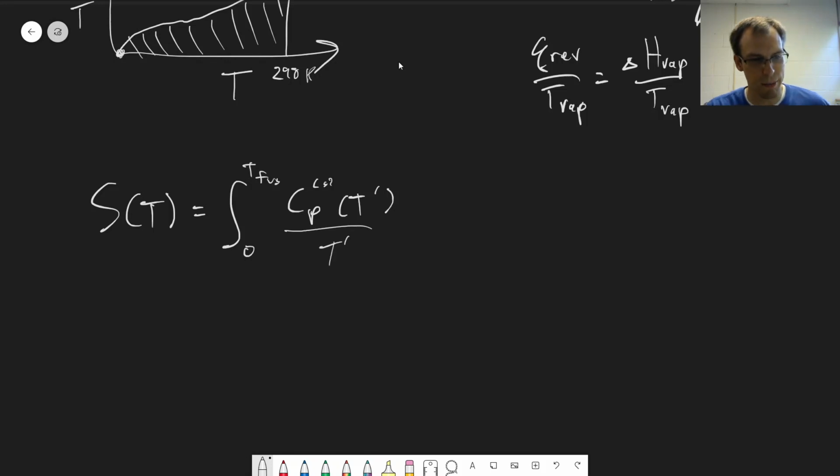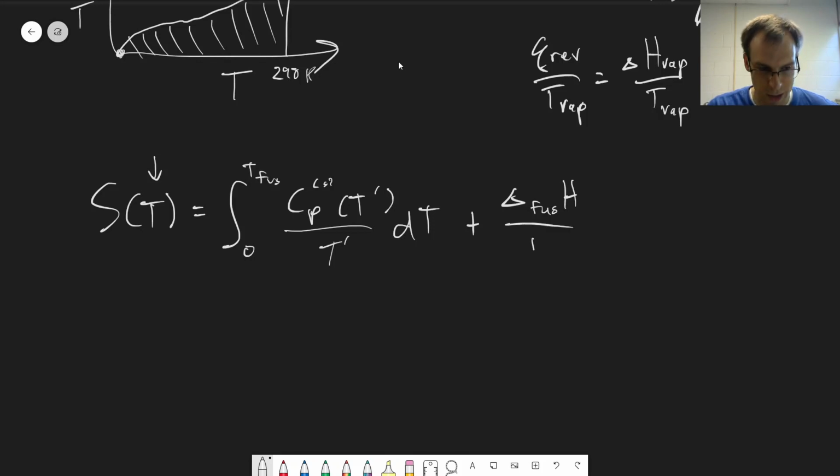And I'm writing these as T primes because our generic temperature here is now whatever temperature we're going up to. Okay. Then we add in delta H fusion, the enthalpy of fusion for our substance divided by the melting temperature, T fusion. Then we integrate from T fusion to T vaporization.